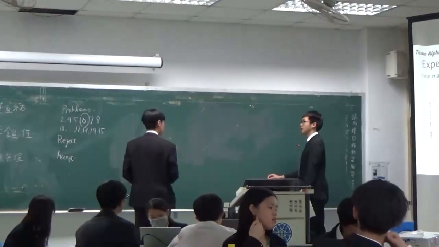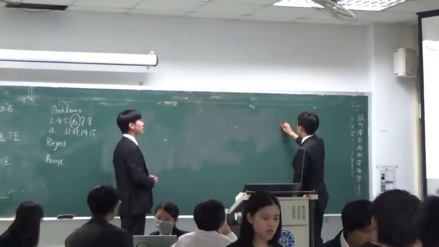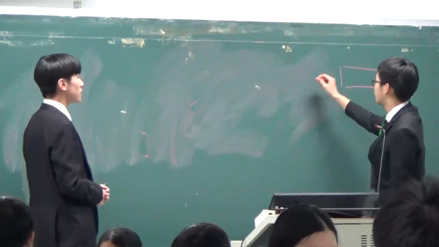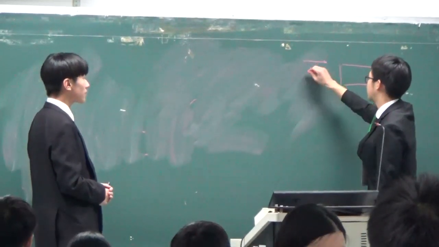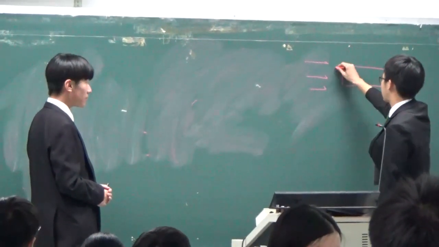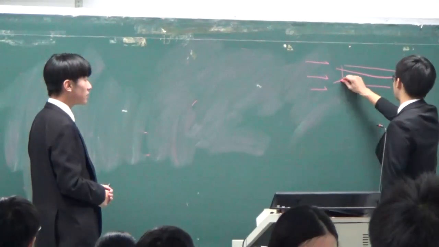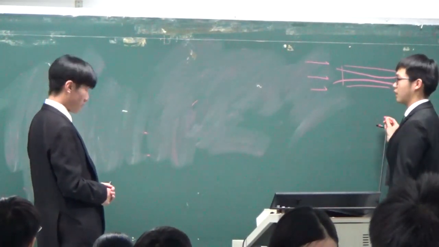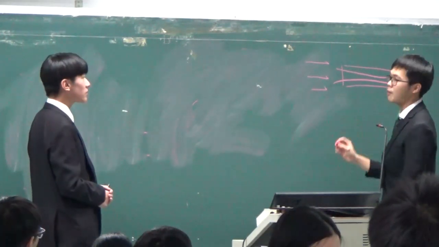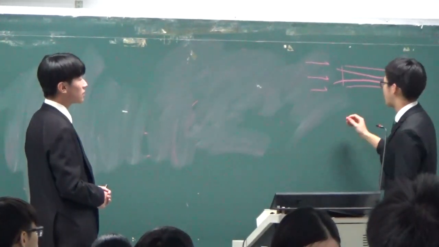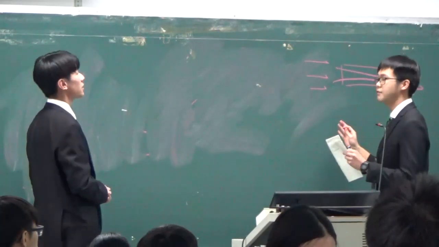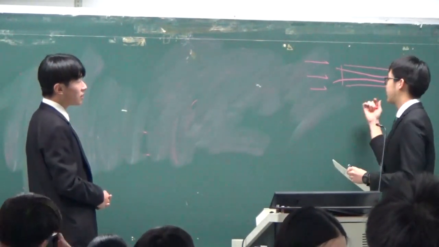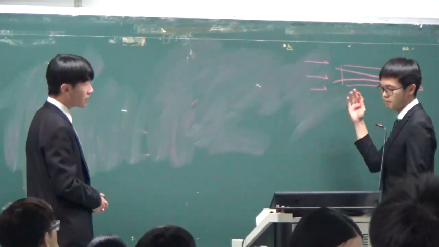Aluminum is paramagnetic, and when there is a magnetic field, it will strengthen the field like this. The copper is diamagnetic, so it will make the flux density smaller, and it will also produce an eddy current that opposes the magnetic field.